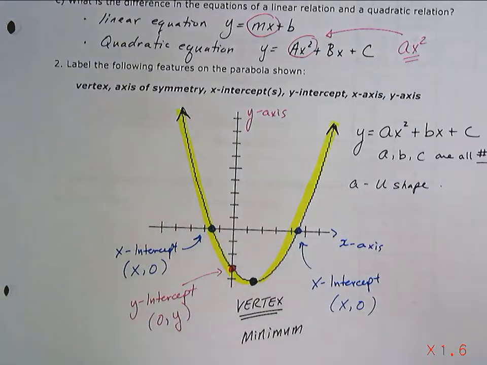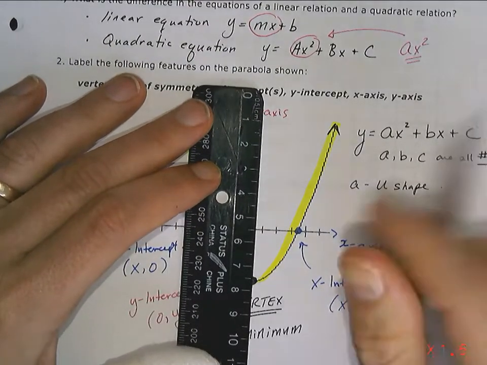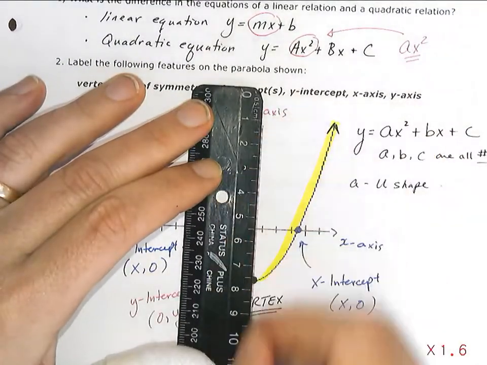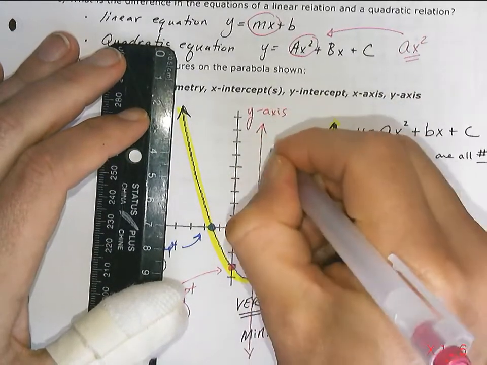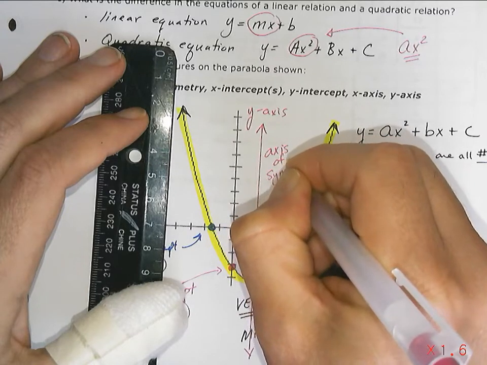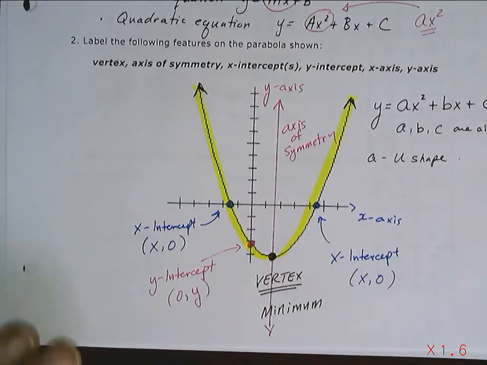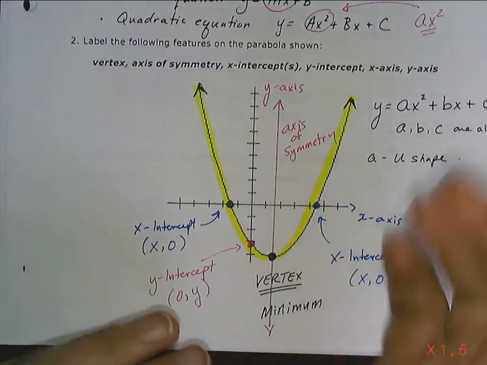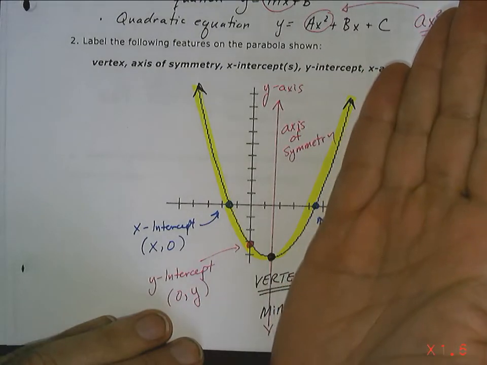We also have to talk about something called an axis of symmetry. The axis of symmetry is the line, the vertical line that cuts right through that vertex. And it's called an axis of symmetry because, look, the parabola is symmetric on both sides of the line.